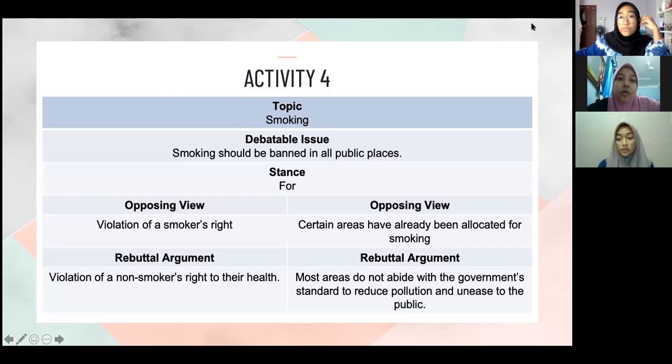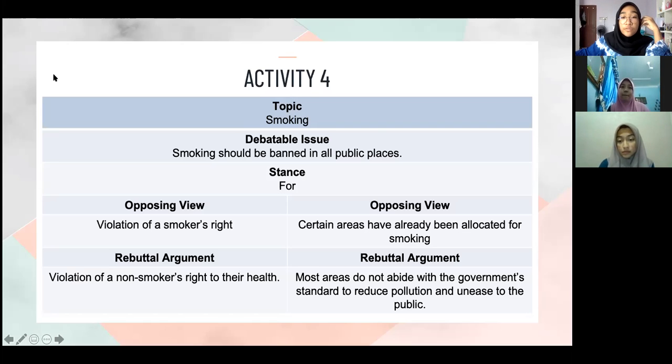I will continue this presentation with activity 4. Can you hear me? Okay. For activity 4, we have to fill in the rebuttal argument, two rebuttal arguments for the debatable issue.